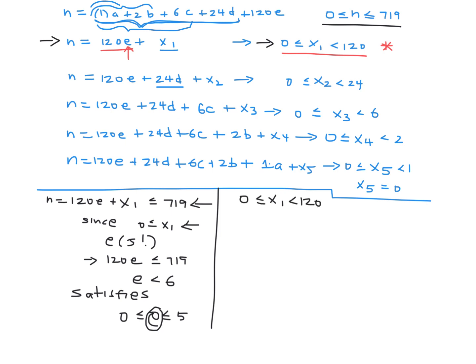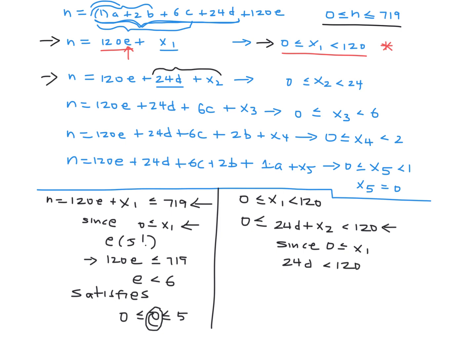But then we've got this next equation, where x1, which I used to represent this guy right here, is 24d plus x2, and it is less than 120. Now, since we know that x2 is greater than or equal to 0, that means that 24d has to be less than 120.